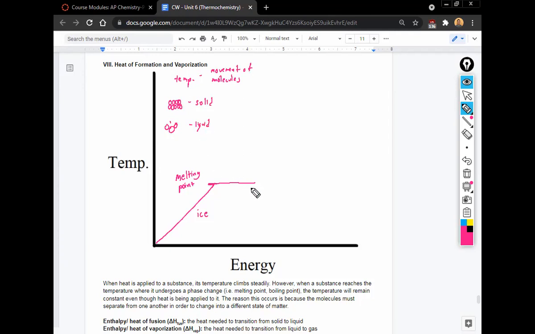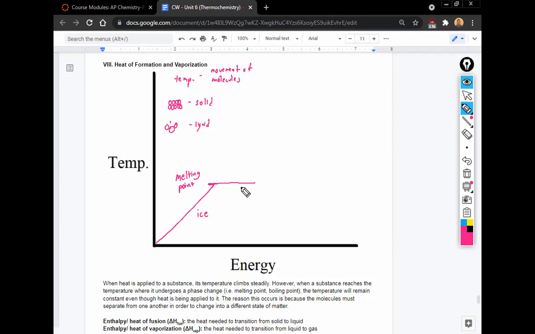Now, when you get to the melting point, what has to happen is you need to break up those molecules. So you're going to be putting a bunch of energy into the solid, but the temperature won't go up because the molecules aren't moving faster. Instead, they're separating from one another. That's why the temperature does not change at the melting point, even though you put in more energy.